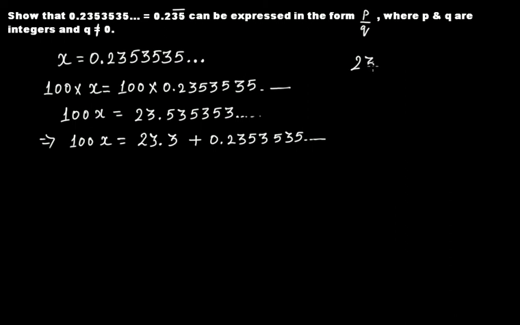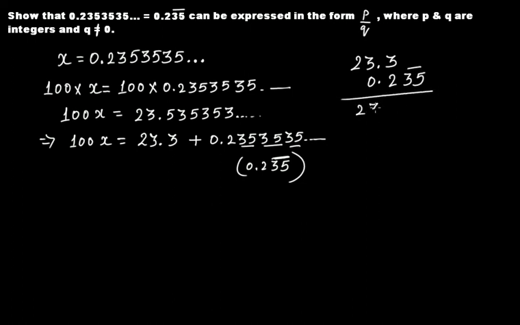This is 23.3, and if you add 0.235, with the bar on 35 because 35, 35, 35, then you'll get 23.535 bar, that is equal to the same number you are getting here, right?